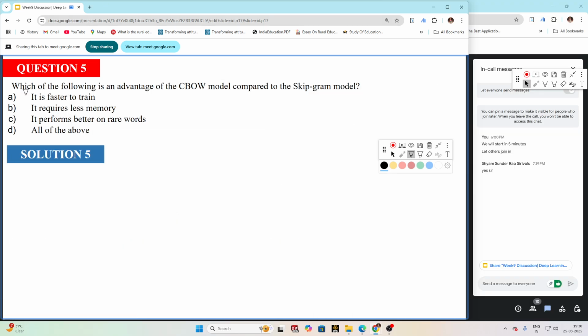Now question number 5. Which of the following is the advantage of the CBOW or continuous bag of words model compared to the skipgram model? It is faster to train, it requires less memory, it performs better on rare words. Option D, all of the above.